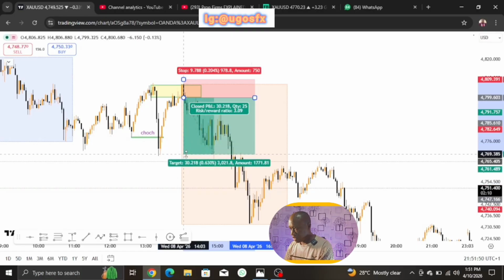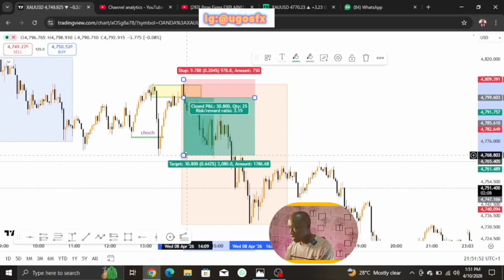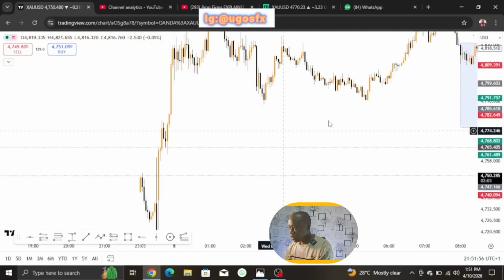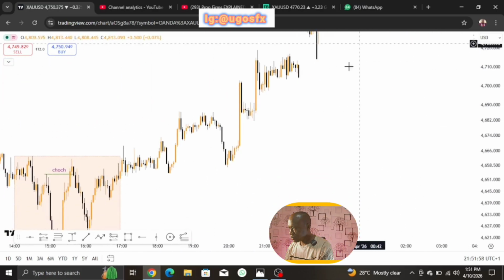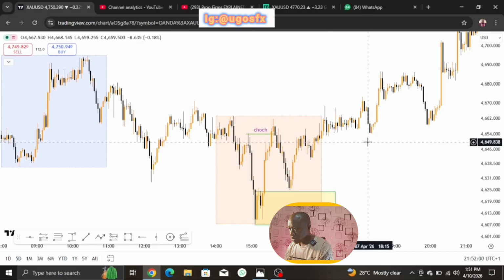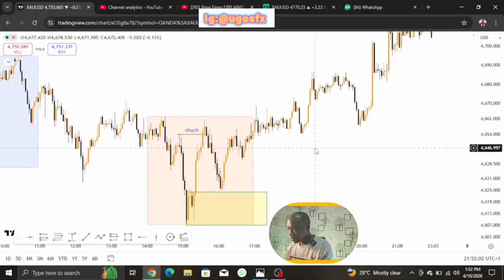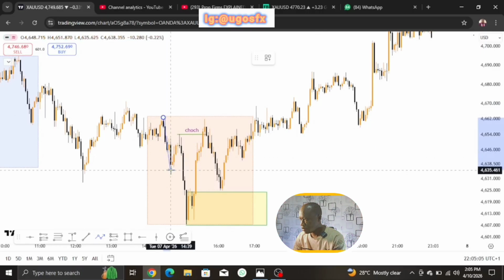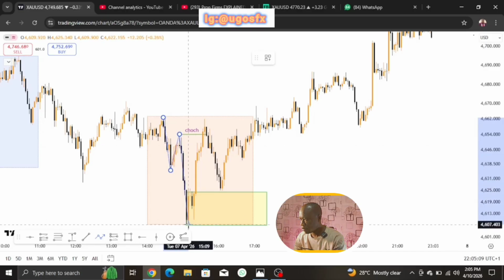Let's look for another example and we close. You go and practice. Okay, see this one. Price was coming down in this format. Lower low, lower high, lower low, higher high, thereby causing a change of character.